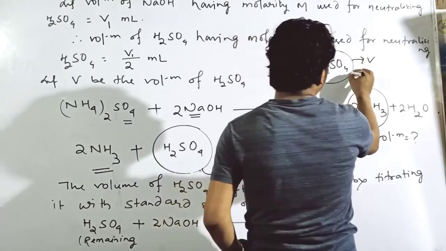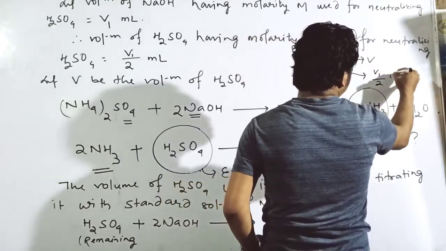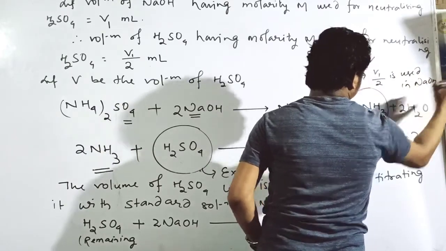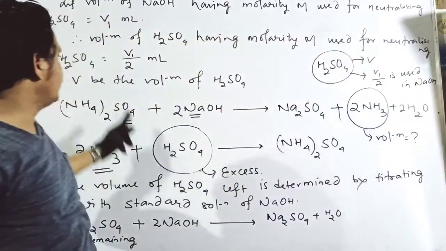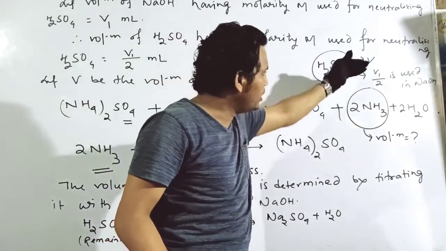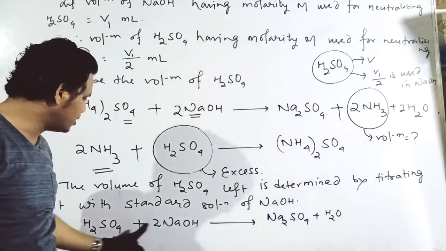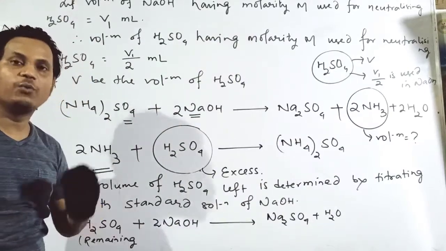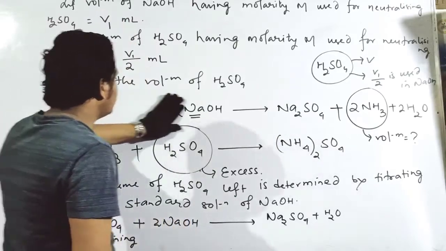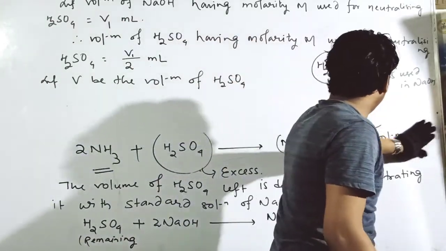Out of V, V1 by 2 is used for neutralizing NaOH. What is the left part of the sulfuric acid? The volume of sulfuric acid left will be how much?